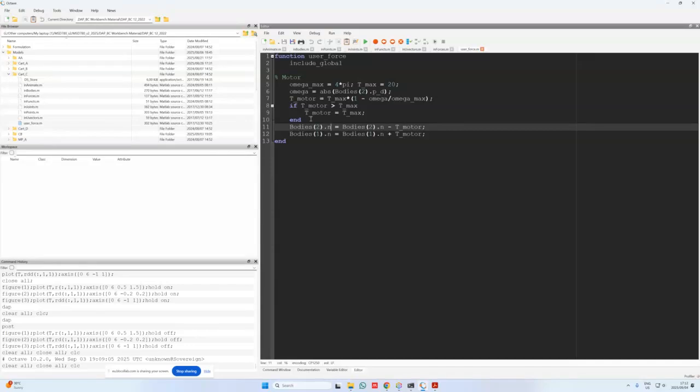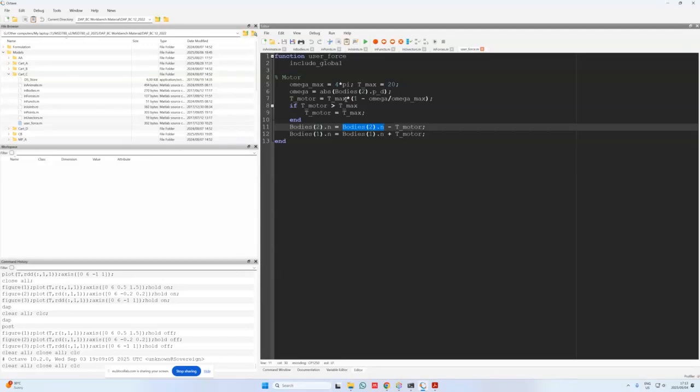Right, now once that is done, I just need to go and apply the actual motor torque to each of the bodies. So I'm going to start off with body 2. So body 2.n simply denotes the moment that is currently working on body 2, so the rear wheel. And that is going to be equal to whatever the moment is currently on the rear wheel minus T motor.